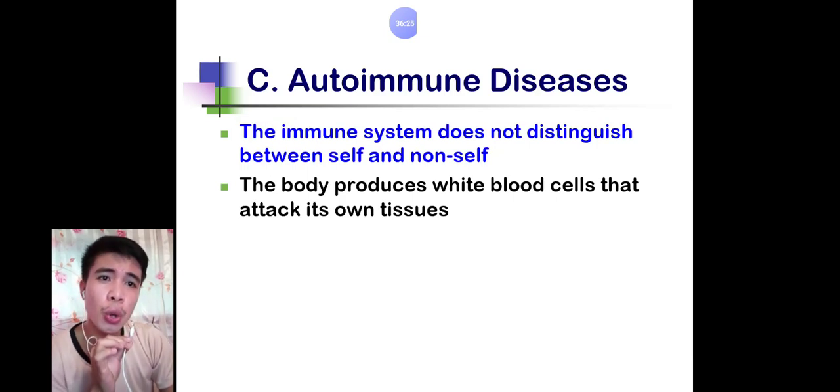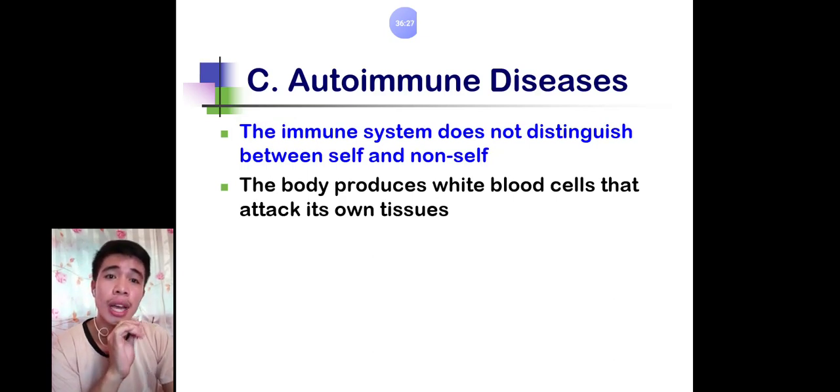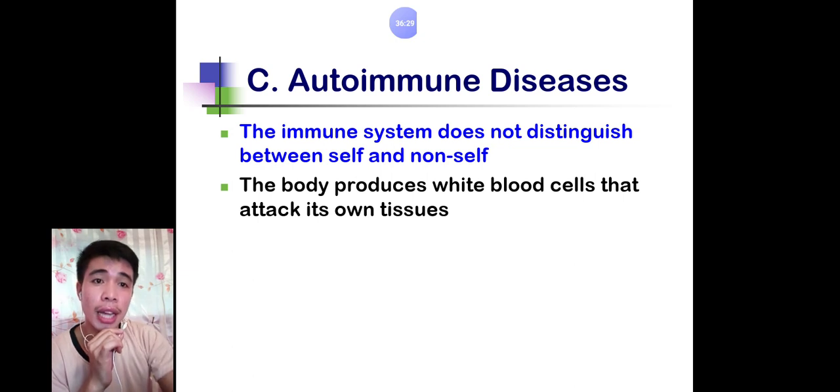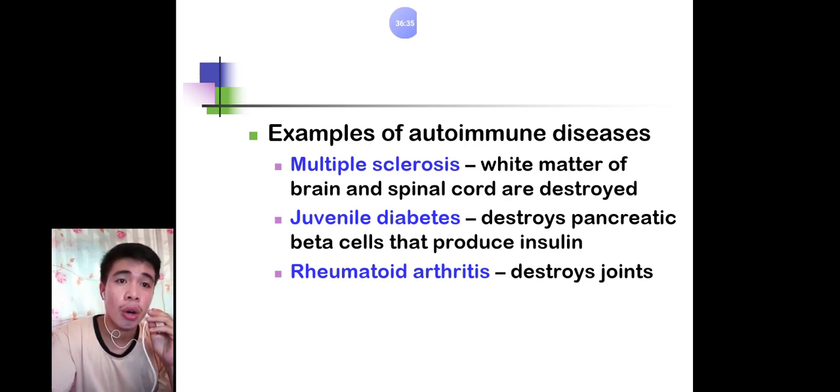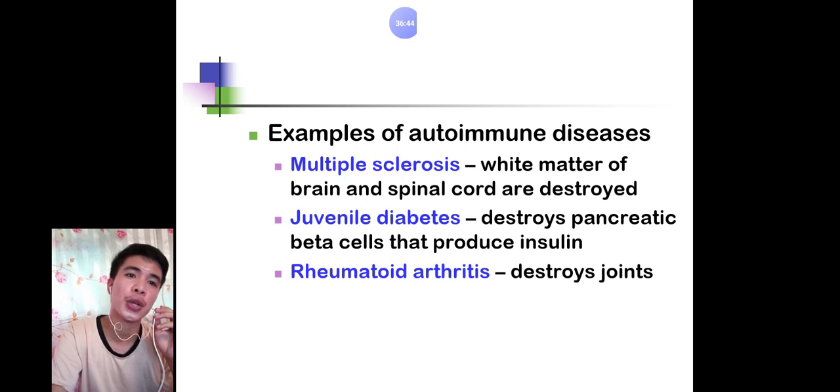Okay. Autoimmune diseases. Next is example of autoimmune diseases, the multiple sclerosis. The multiple sclerosis is the white matter, brain, and spinal cord are destroyed.